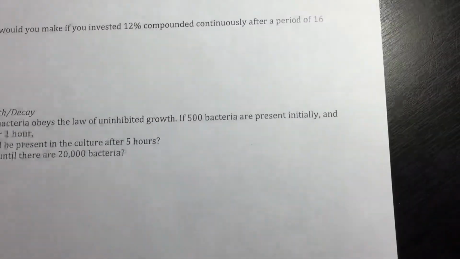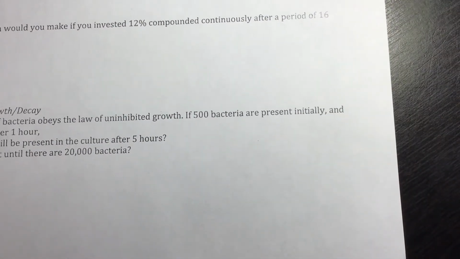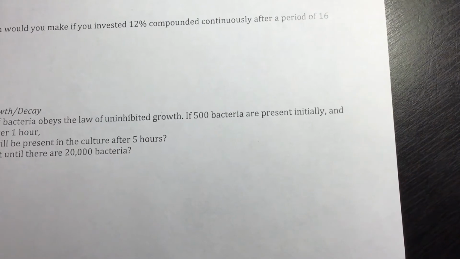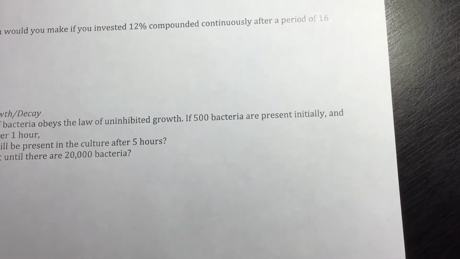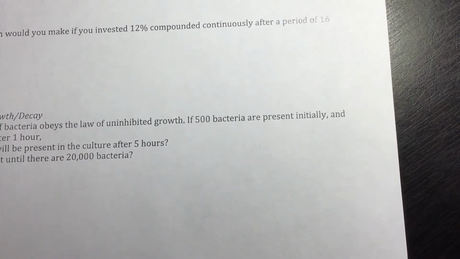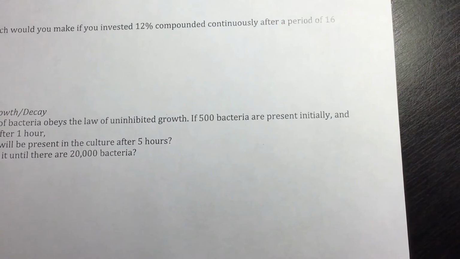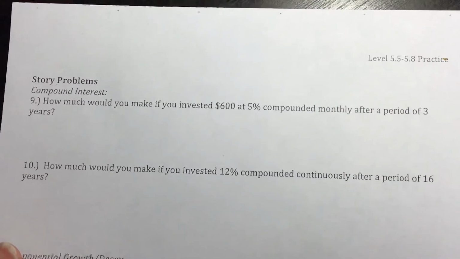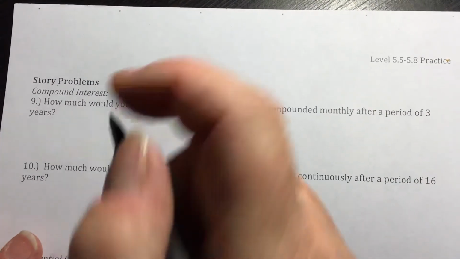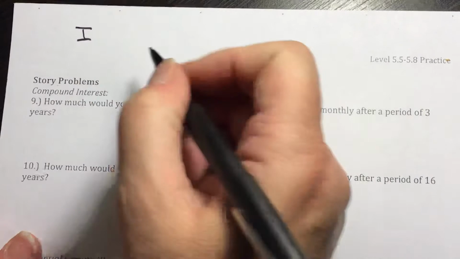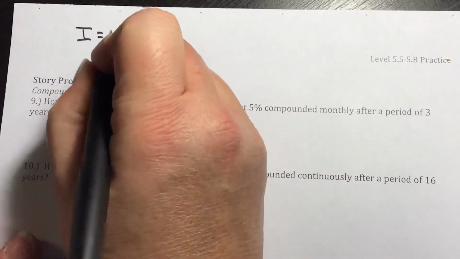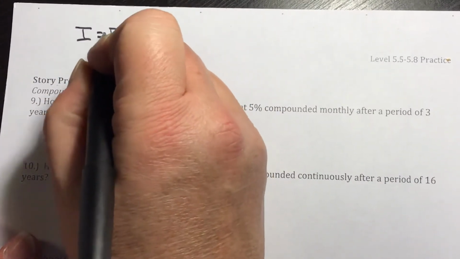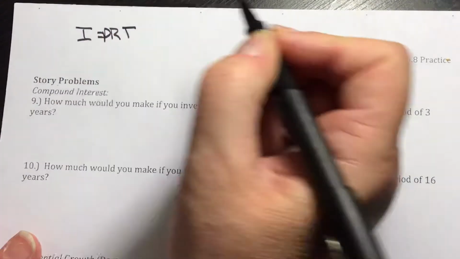All right, flipping on to the next page, we have some story problems that involve interest. So the first one is, how much would we make if we invested $600 at 5% compounded monthly after 3 years? All right, so we have a couple of formulas. First of all, I equals principal times rate times time.